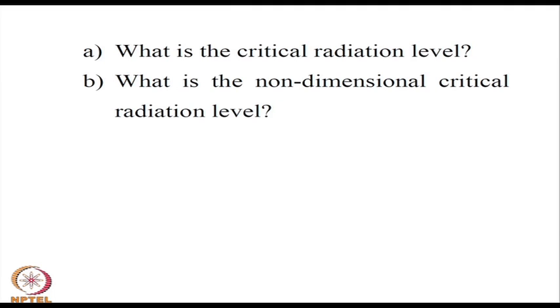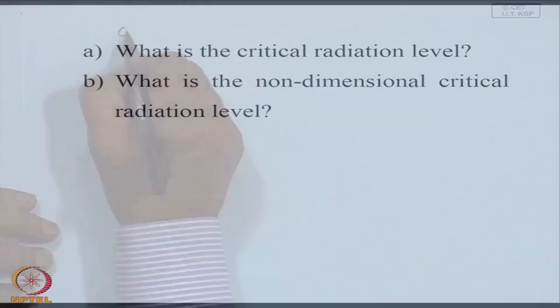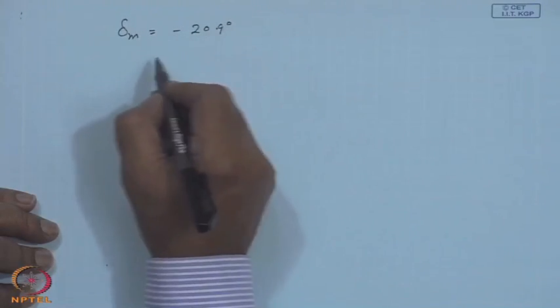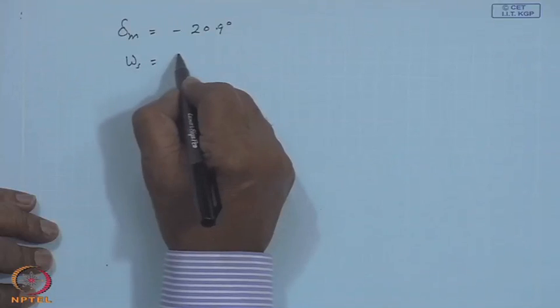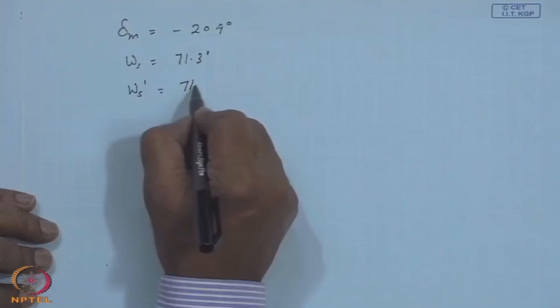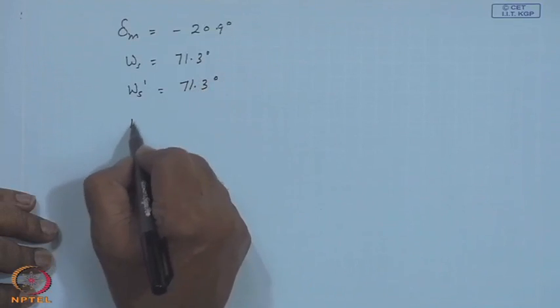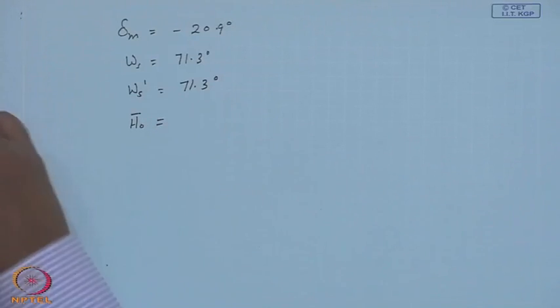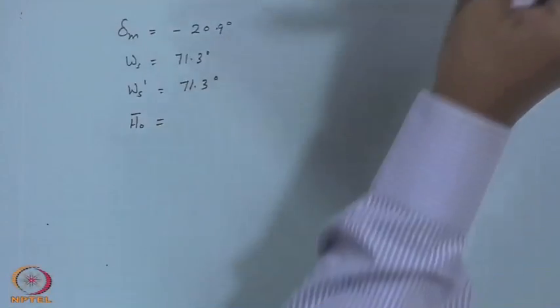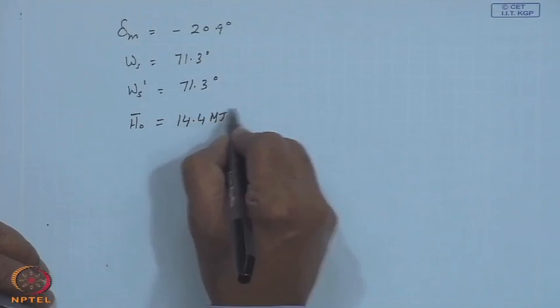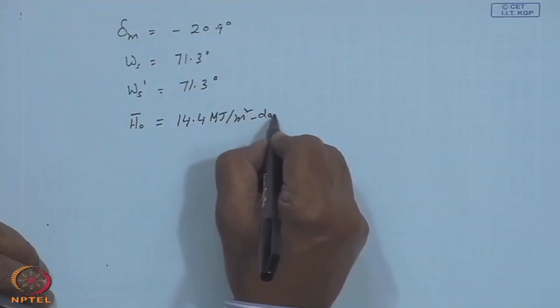After a lot of preliminary calculations, we have calculated, for example, the mean declination for the month of January as -20.9 degrees, and then the sunset hour angle is 71.3 degrees. In this case, omega s dash will also be 71.3 degrees, and we got the extraterrestrial horizontal monthly average daily radiation to be 14.4 megajoules per meter square day.